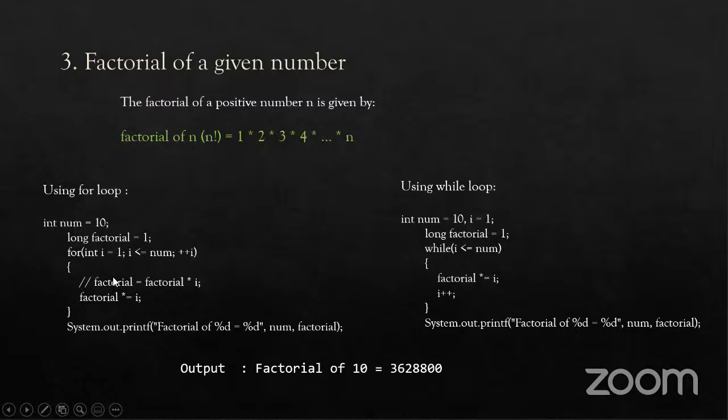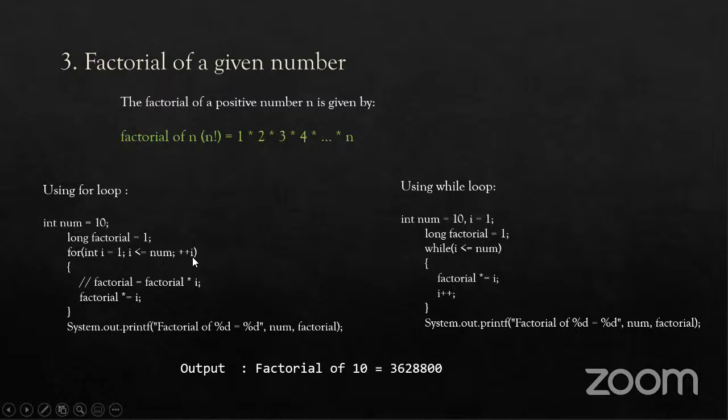Now we need to give the loop to multiply. For that we give the loop for int i equal to 1, i less than or equal to num, because we need to loop up to n. So i less than or equal to num: whichever number's factorial we need, up to that we give the condition.